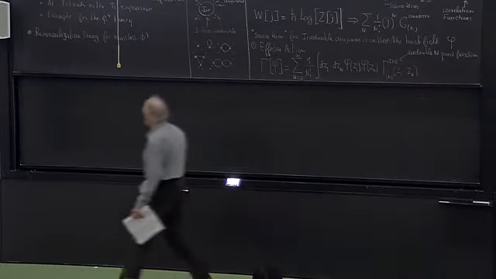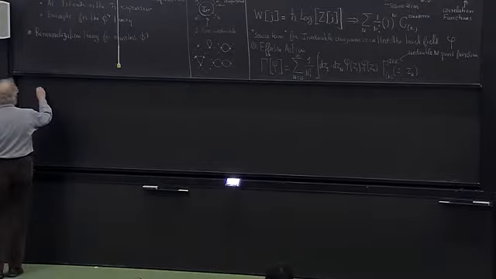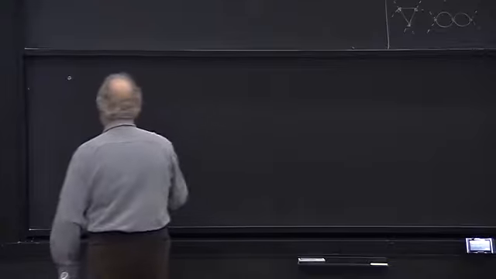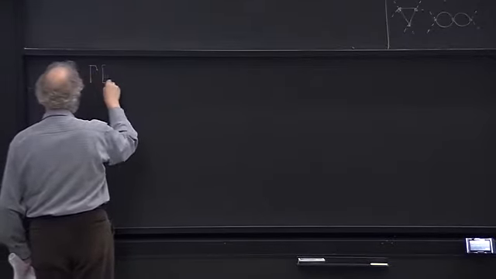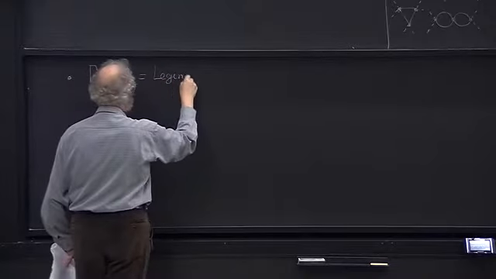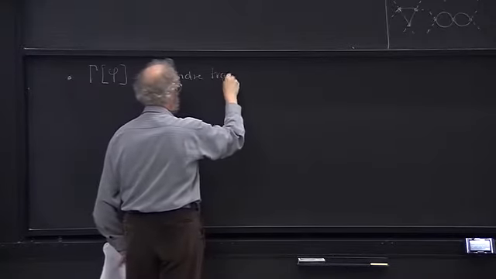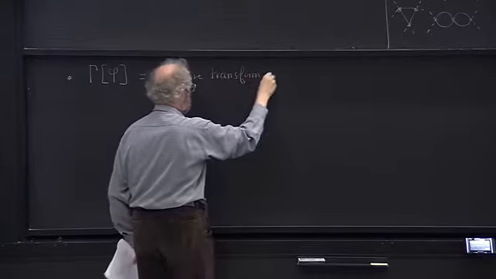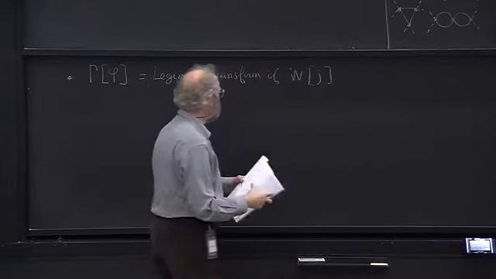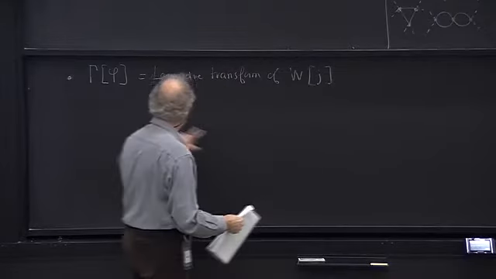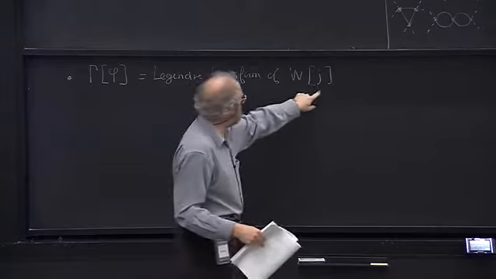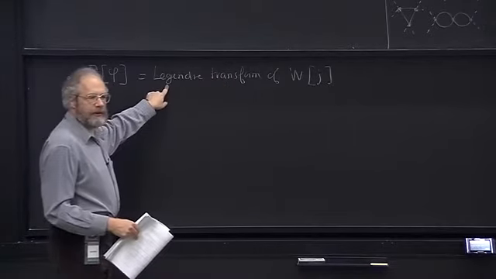So the first important result, which is very general, a general theorem, is that gamma of phi is a Legendre transform of W of G. So we have a function of a source term W of G, and there is a general mathematical transformation applied to a large class of functions, which is called the Legendre transform.